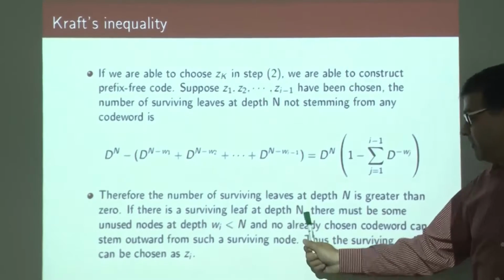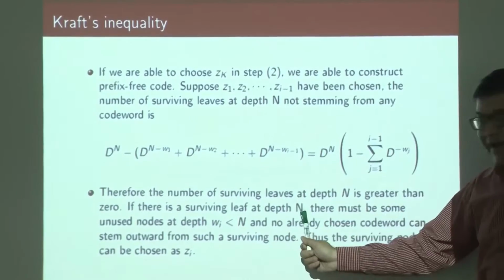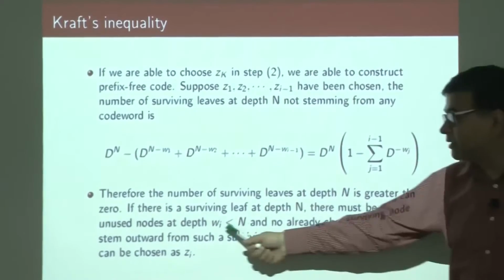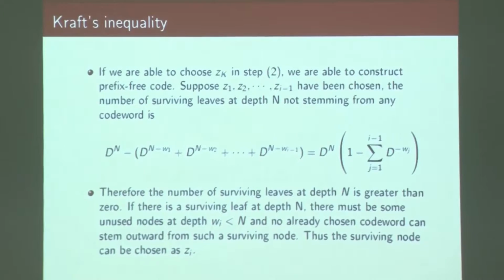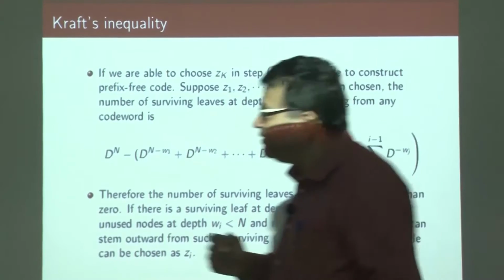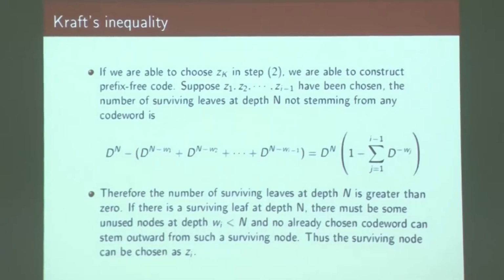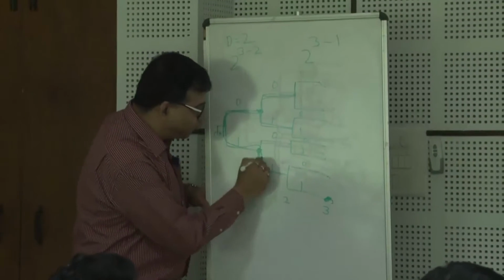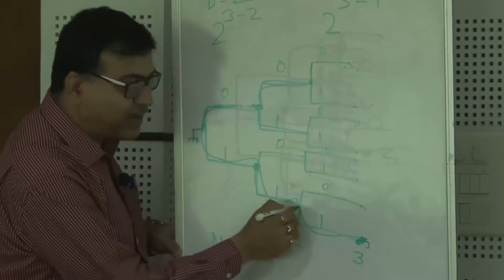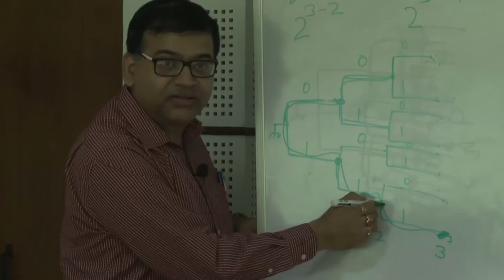So if there is a surviving leaf at depth n, then there must be some unused node also at depth less than n. If I see this node is unused, that means in this whole path these nodes have not been used, correct.